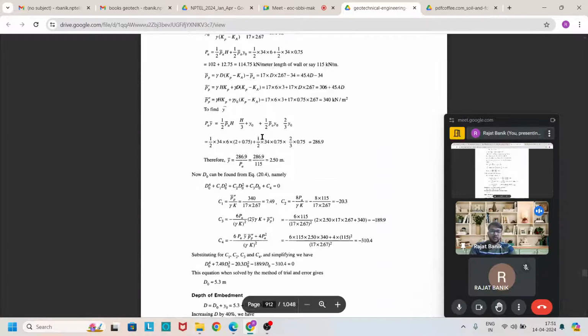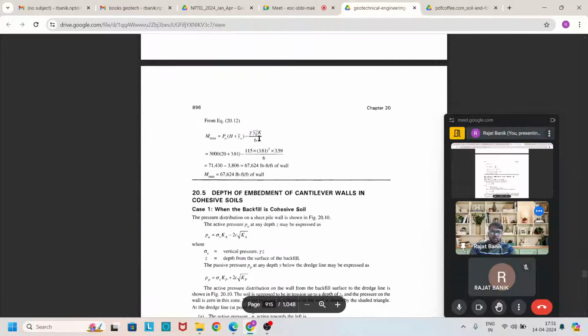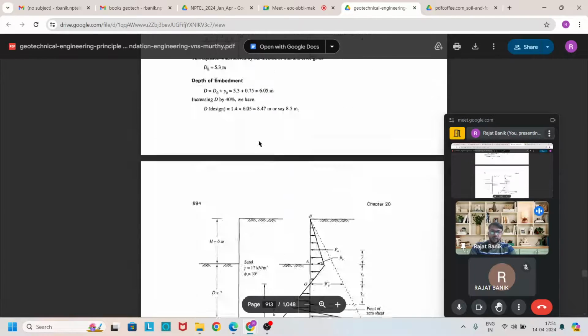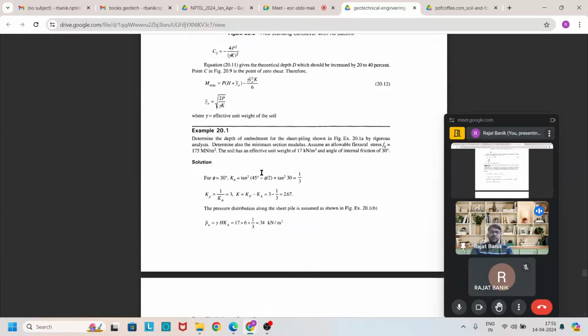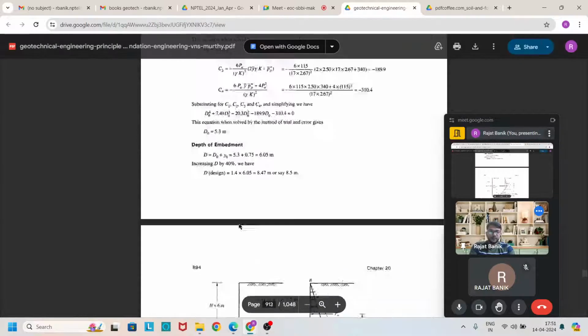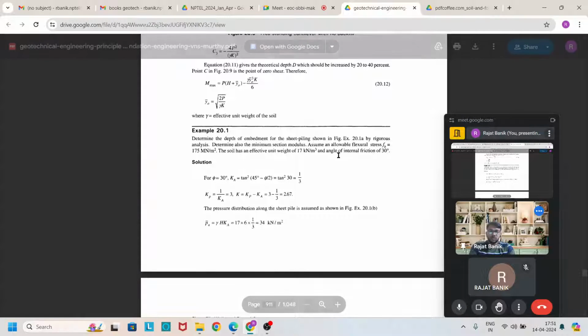Now there is one problem we have to solve in a sophisticated manner. It says to determine the depth of embedment of the sheet pile from the example, with the figure given below.